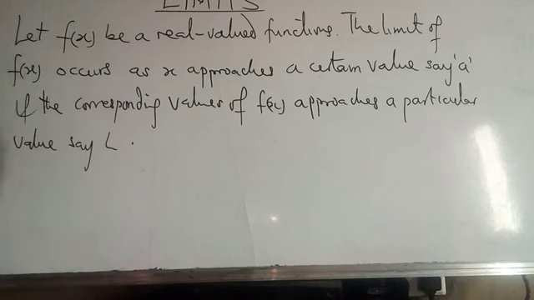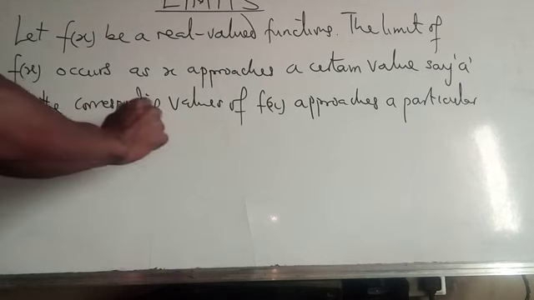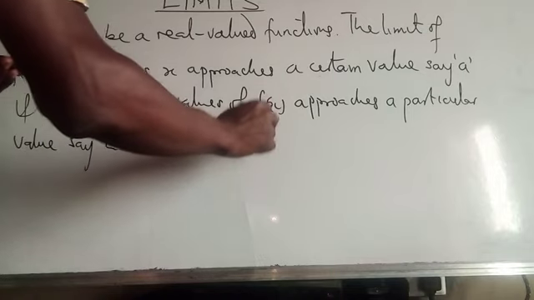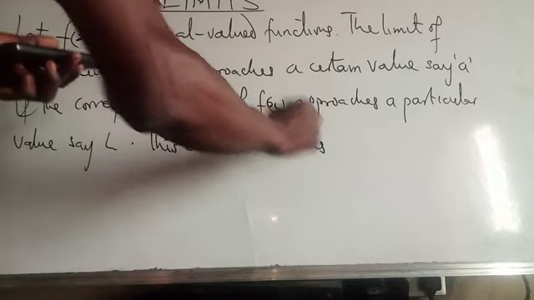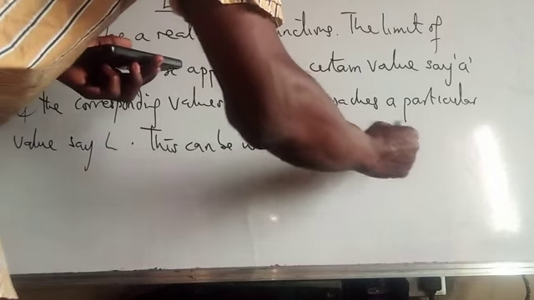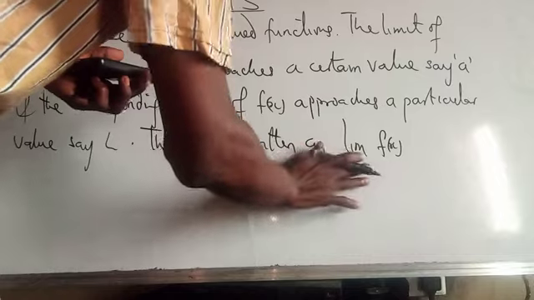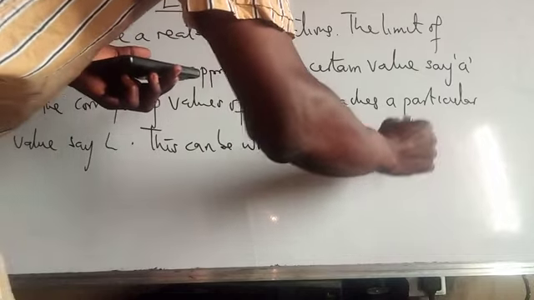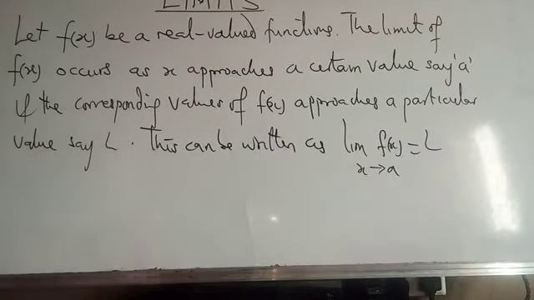So mathematically, this can be written as the limit of f of x as x tends to a is equal to L. That's it.